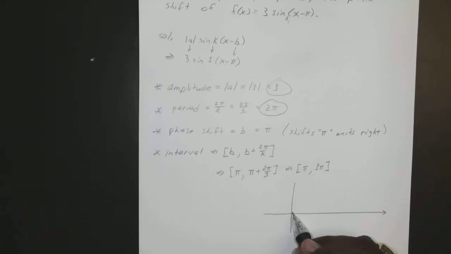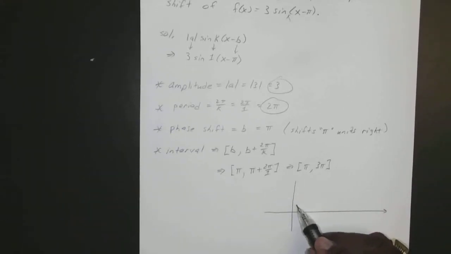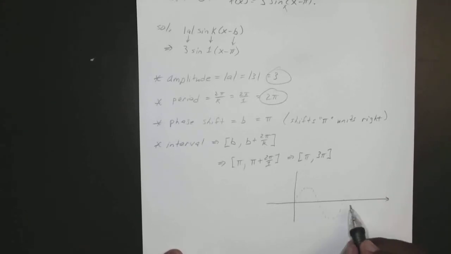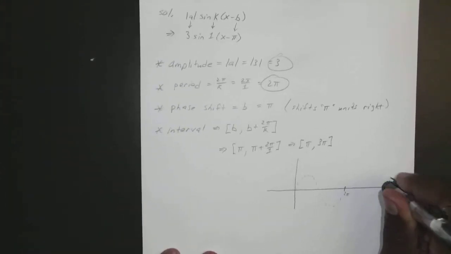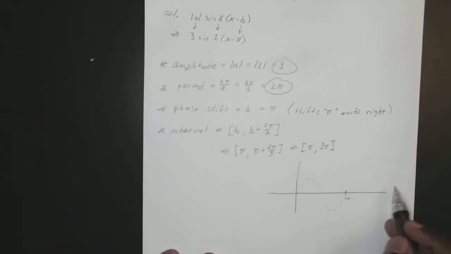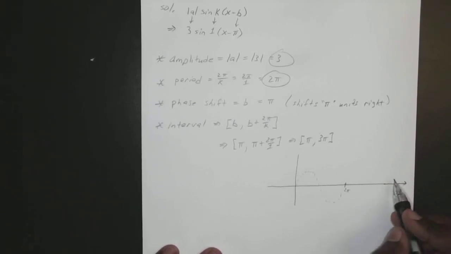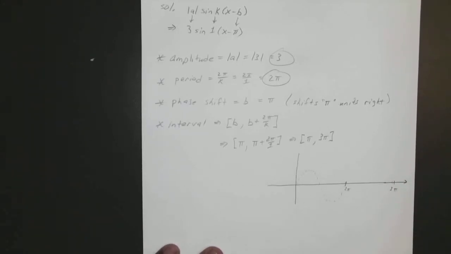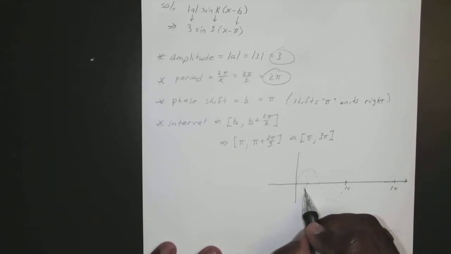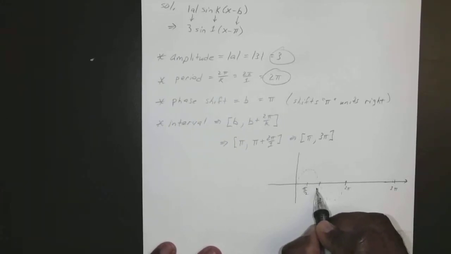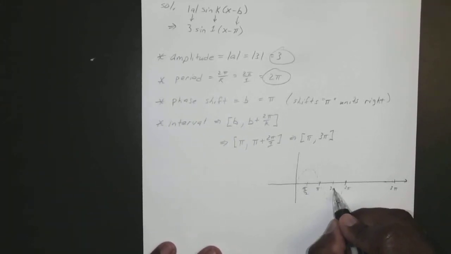So I'll say that's our regular sine wave here, from 0 to 2 pi, so that's your 2 pi here. Move that over. I don't know why I started in the middle of the page. So let's say this is 3 pi here. So this is our pi over 2, and our 3 pi over 2 here.